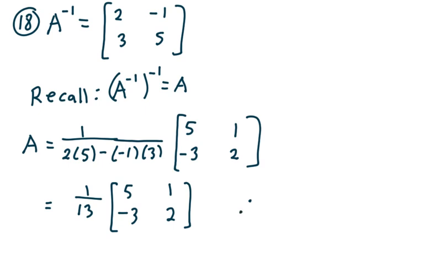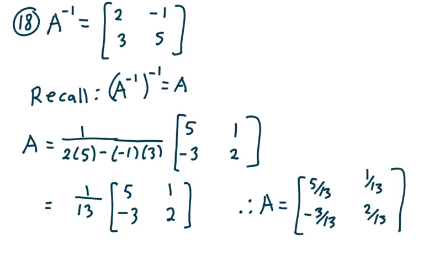And so if I simplify a little bit, I get A equals the matrix 5/13, 1/13, negative 3/13, 2/13. And that's how we do problem number 18.